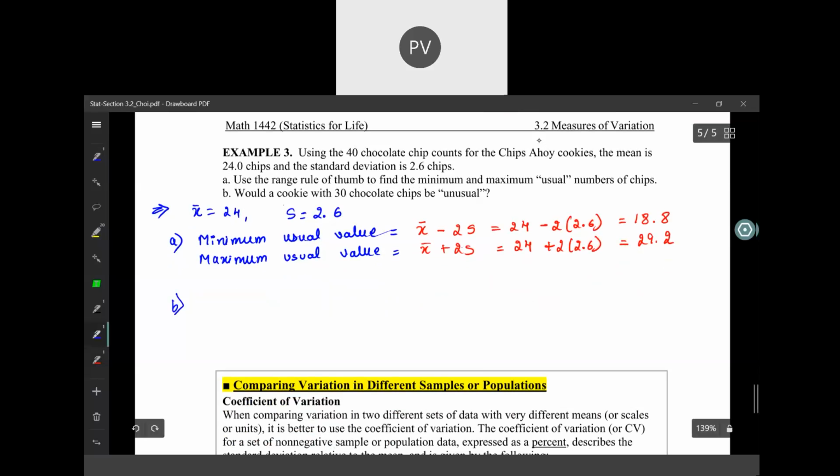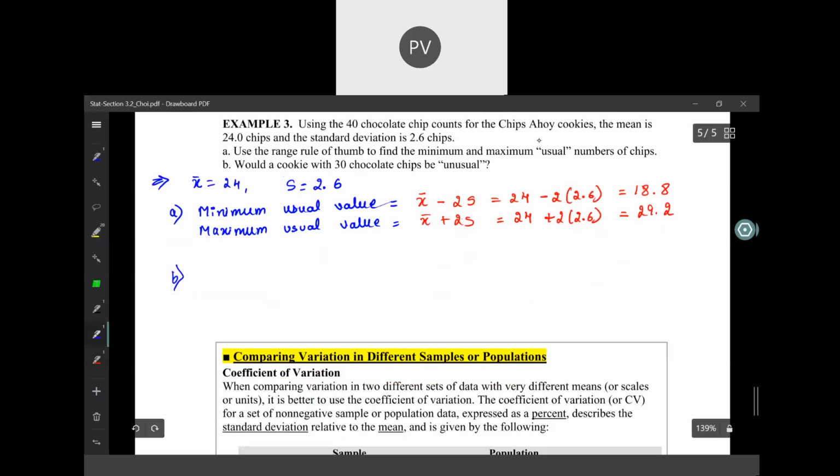They are asking whether 30 chocolate chips belongs to a usual number or unusual. So what is unusual?